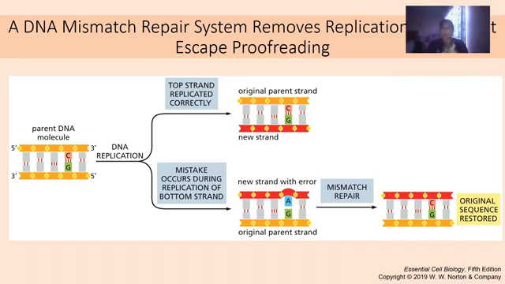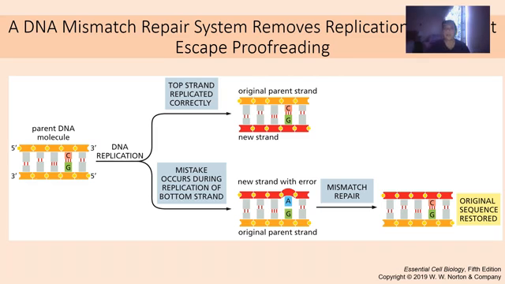So looking at the first one, the simplest one, which is DNA mismatch repair. In the DNA mismatch repair system, you remove the replication error that has escaped proofreading. So this is usually an aftermath of DNA replication. Whatever got missed by the DNA polymerase's own proofreading mechanism will get taken care of by DNA mismatch repair.